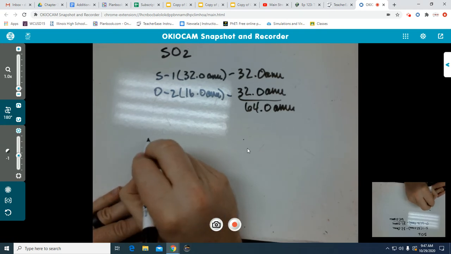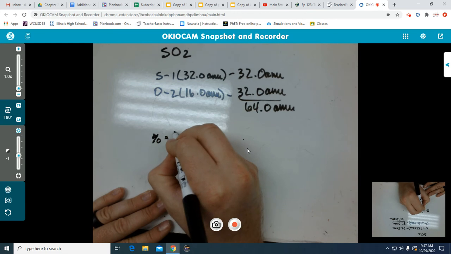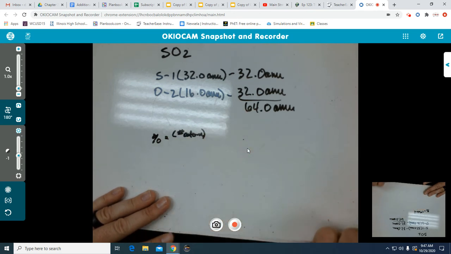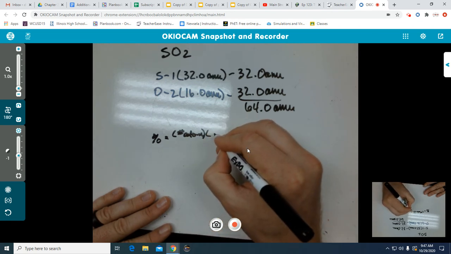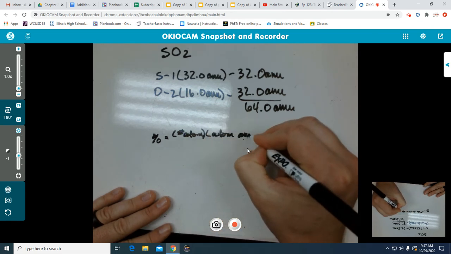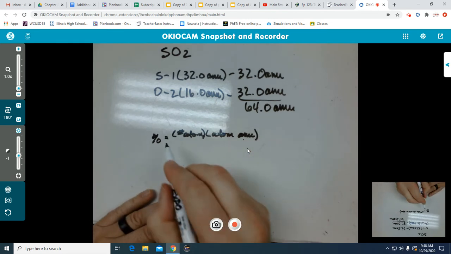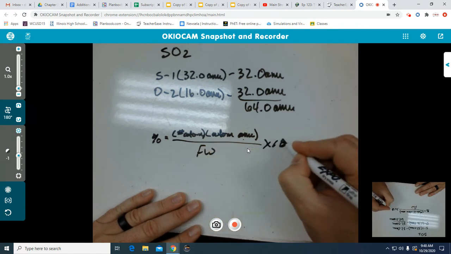All right. So in order to find the percent, we have to take the number of atoms of that particular element, multiplied by its weight, its mass, and divide it by the formula weight and multiply by 100%.